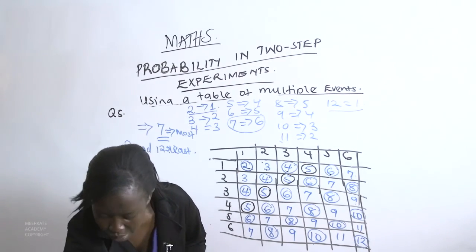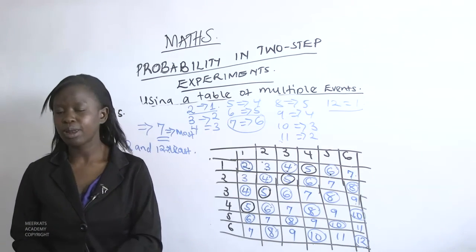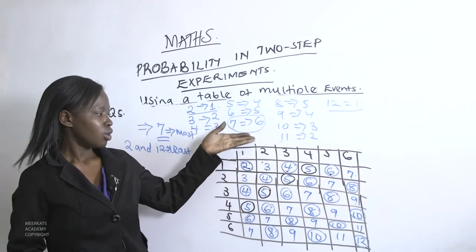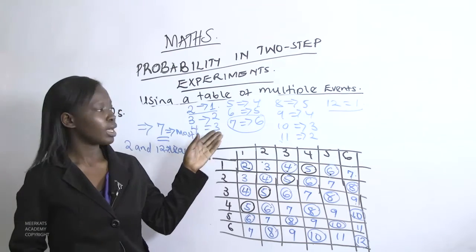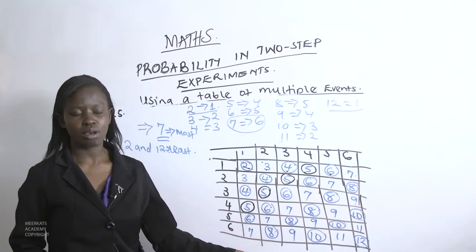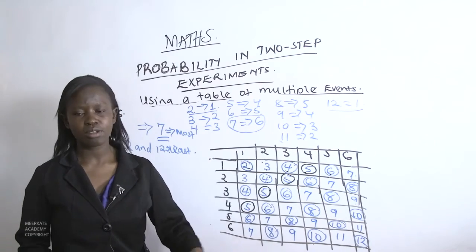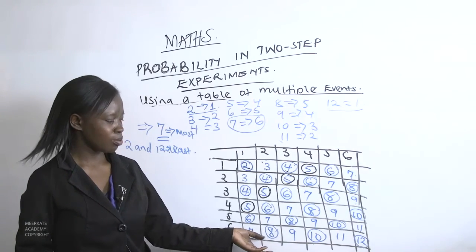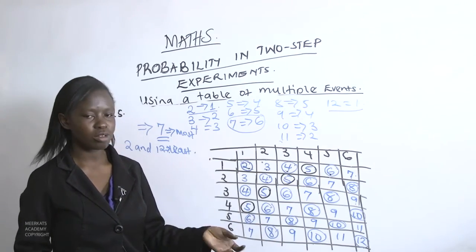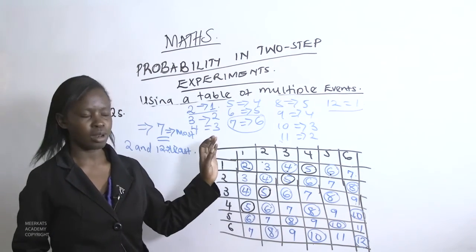So we are simply saying that when you have multiple events, we can represent them on a table. After we've represented the multiple events on a table, they give us the list of outcomes that are possible, or likely to occur in those given events.